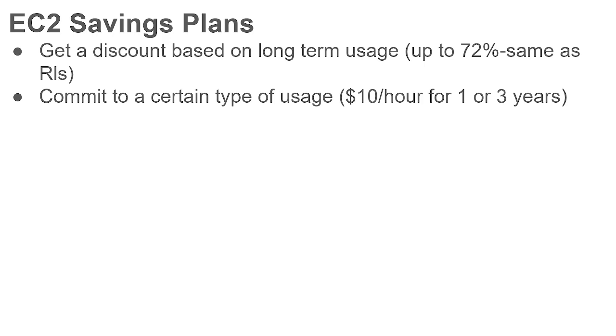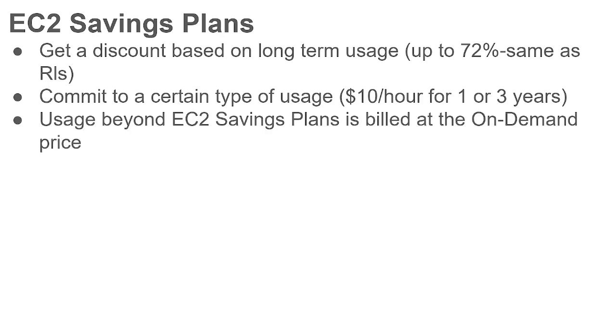What you are doing here is committing a certain amount that you will be paying to AWS, okay, for some duration like 1 year or 3 years. In this, you are not saying that you want a specific instance. No, you just want to pay this much amount and you will be using whatever instance they are giving you.